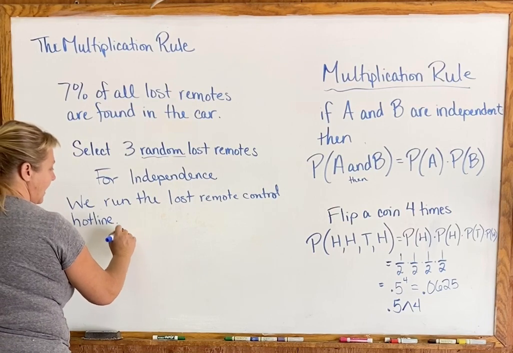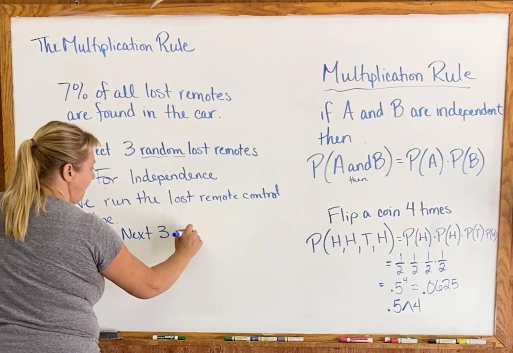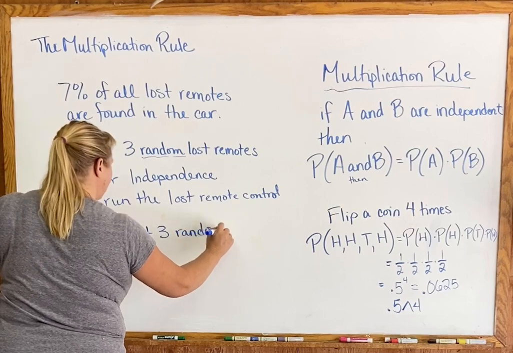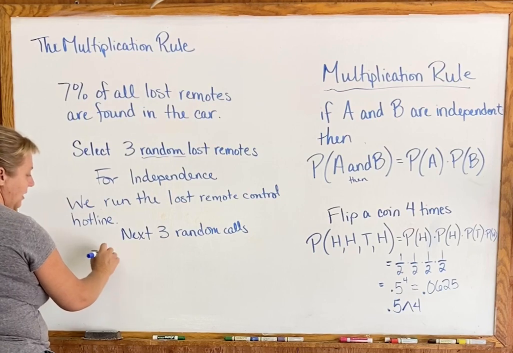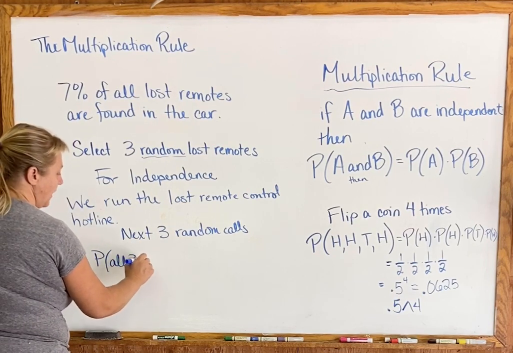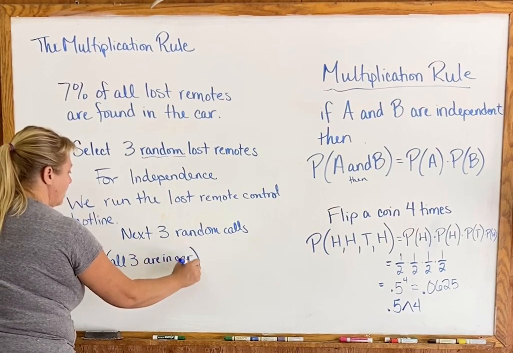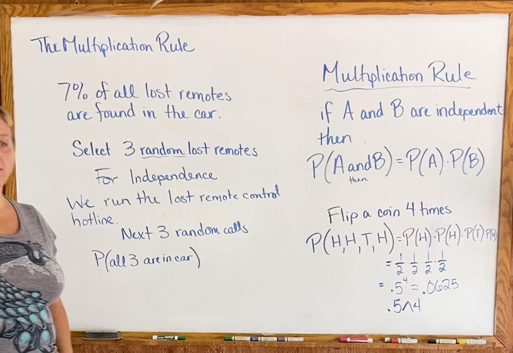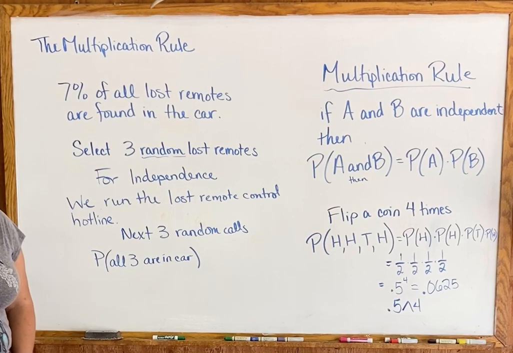So we're looking at the next 3 random calls. I want to find the probability that all 3 of these, the next calls, all 3 are in the car. So we want to see what the probability is that the next 3 people that call, we find the remote controls in the car.